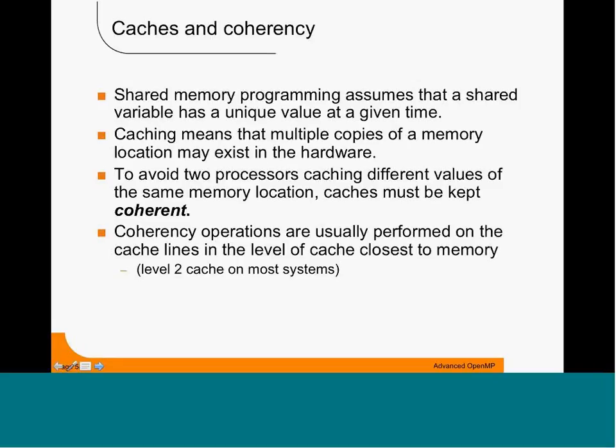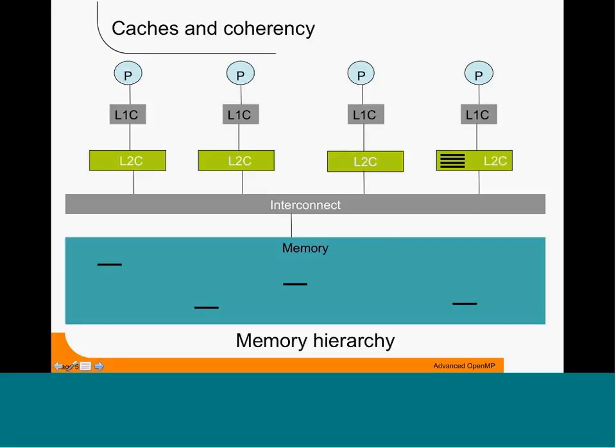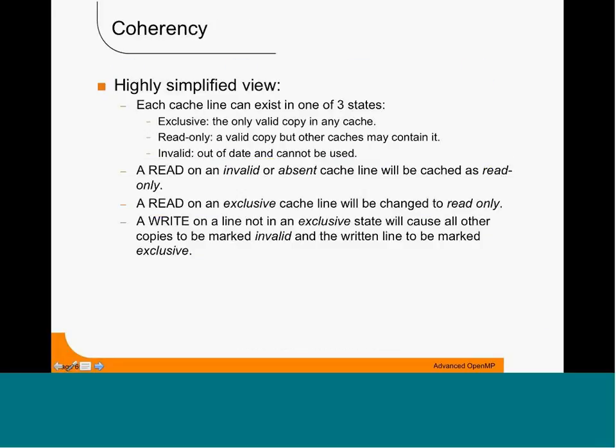I have a really good example of it. Here you see L1 and L2 caches, and each processor has its own L1 and L2 caches, and we have the shared memory, RAM, which is this.